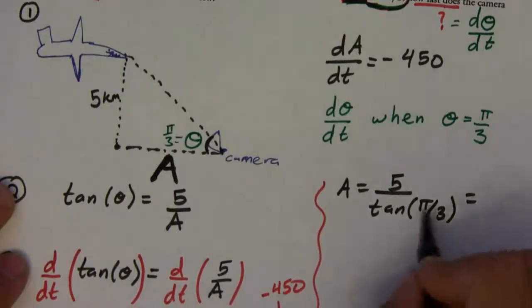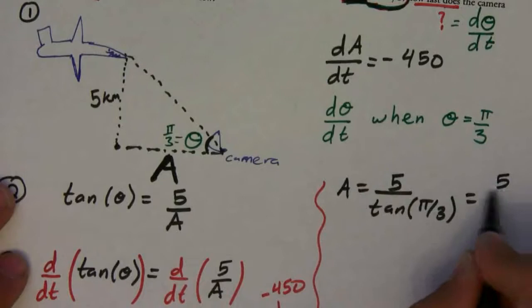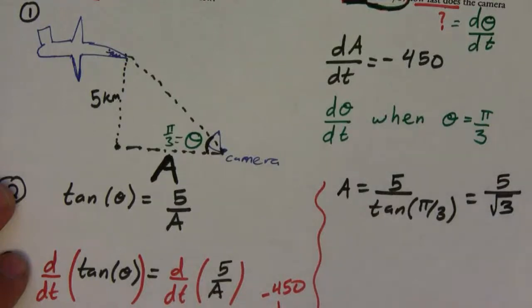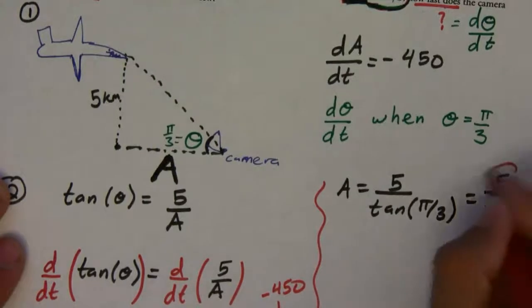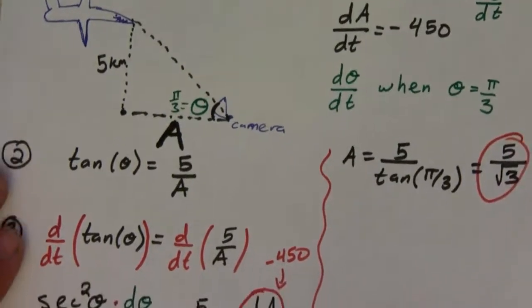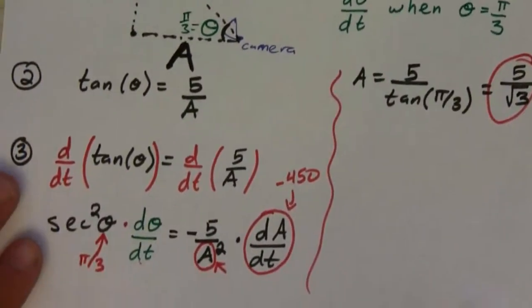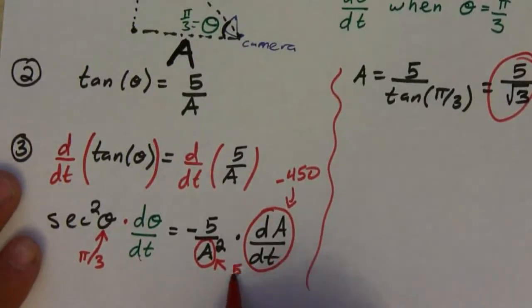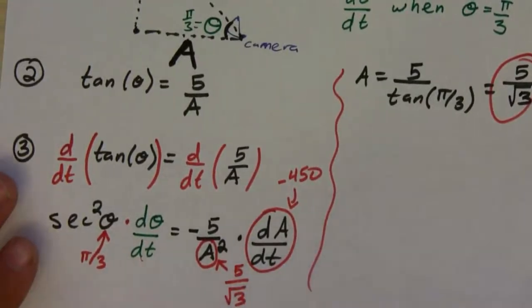Okay, so tangent of pi over 3, remember that's equal to square root of 3. And so now I can use this down here and plug it into 5 over square root of 3.